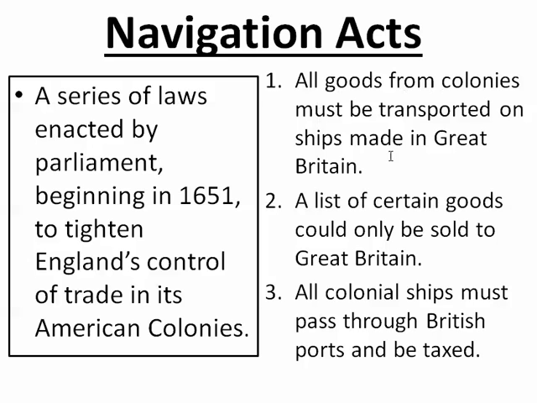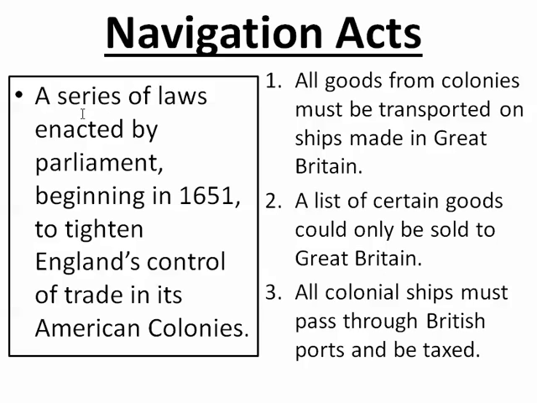First, all goods must be transported on British ships. Then a certain list of items, or enumerated items, could only be sold to Great Britain. And eventually any ships going to or from the colonies had to pass through British ports and be taxed. When they stop there and unload their goods, that's called landing.